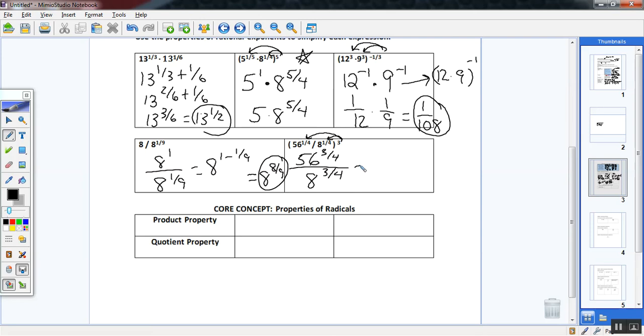So do you guys agree I can work backwards and say, you know what, this is really the quotient 56 over 8. Since these powers are the same, I can say it's this all to the what, kids? You guys see what I'm doing there? Because if there's parentheses like this, I could bring this power in to both the numerator and the denominator.